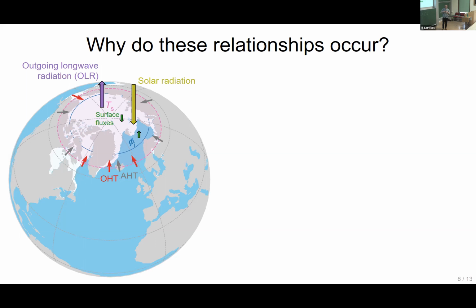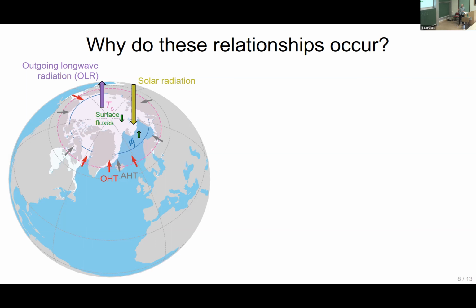If we're thinking about large scale climate on long time scales, which is what we're doing here, all we really need to think about is that this region is driven by shortwave radiation, so net shortwave. It cools via long wave radiation to space. And then we also have to consider that there's a surface flux of heat between the ocean or sea ice and the atmosphere.